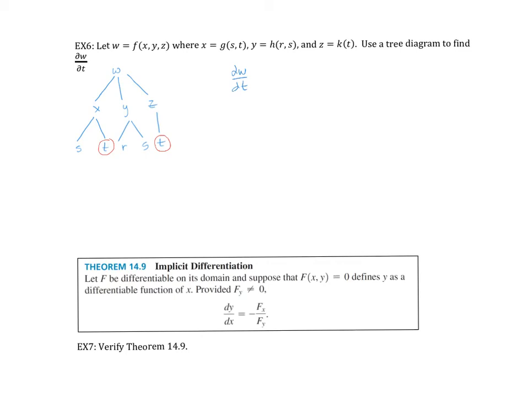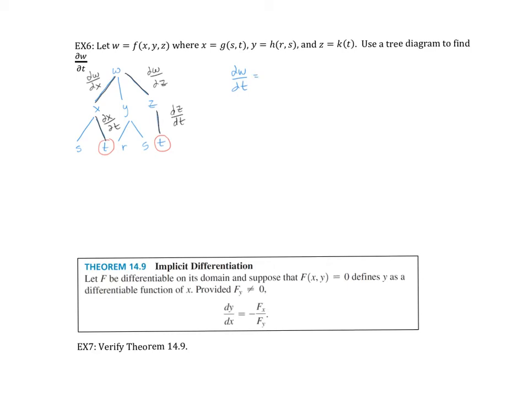So if I follow down, I have w with respect to x would be partial. X with respect to t would be partial. And then the other branch would be w with respect to z, partial. Z with respect to t, single variable calculus, so dz dt.